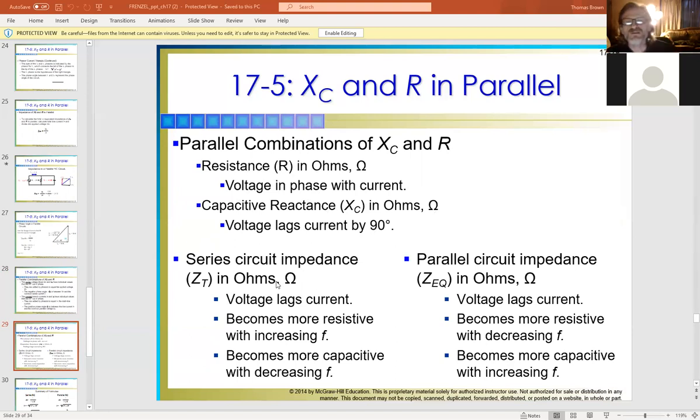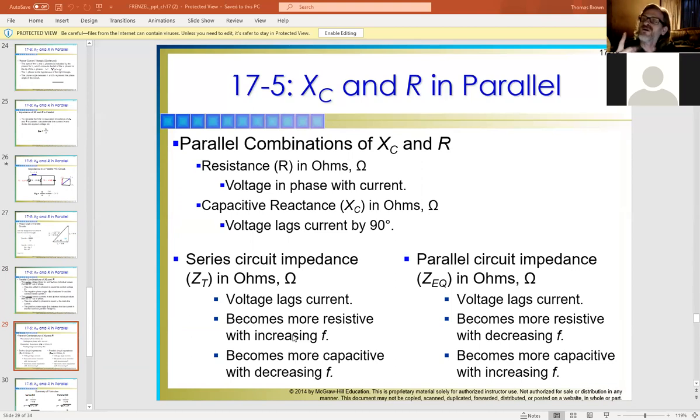So then we go down and state some things about our overall impedance factor. Notice our similarities, okay? So he's saying that in the series circuit, our overall impedance, voltage lags current, becomes more resistive with increasing frequency. And we've seen that by the formula. We say X of C is equal to 1 over 2 pi FC.